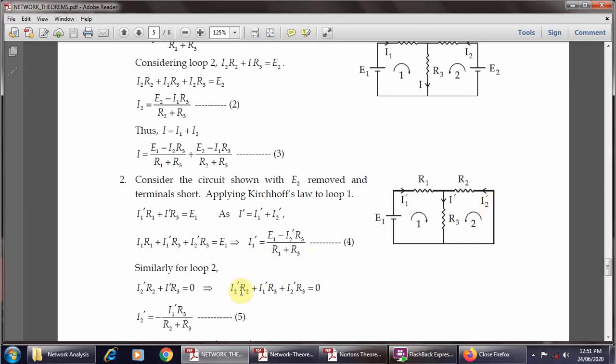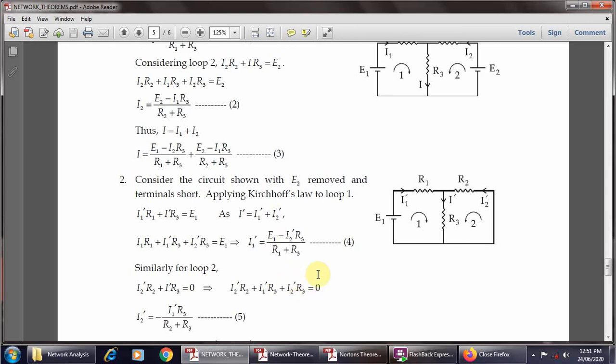Therefore I2 dash R2 plus I1 dash R3 plus I2 dash R3 is equal to 0. Therefore I2 dash is taken as common, R2 plus R3. Then we calculate the value of I2 dash: the I1 dash R3 term is moved from the LHS to the RHS.